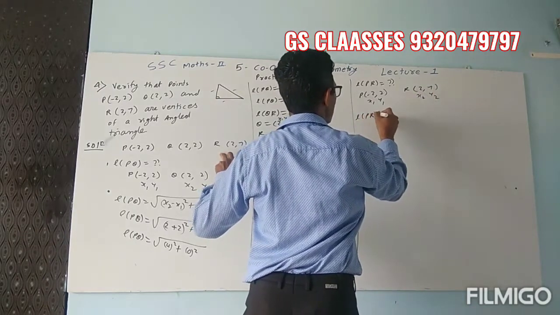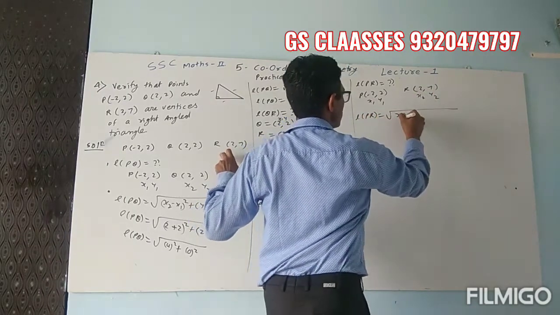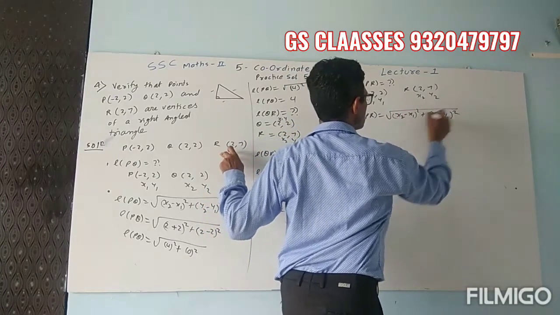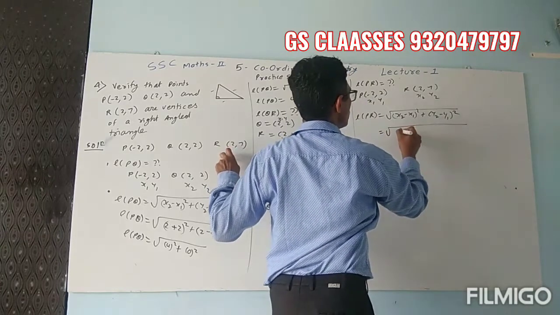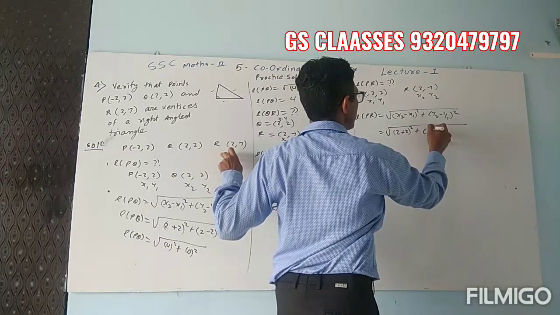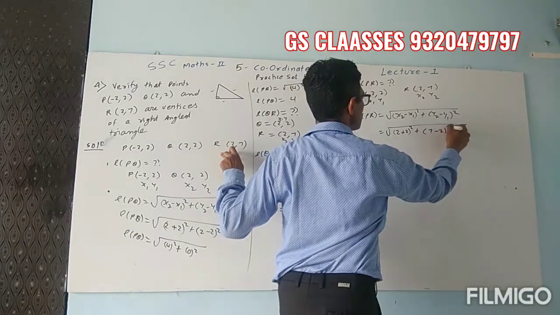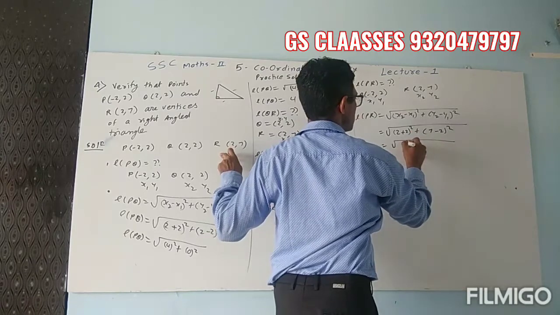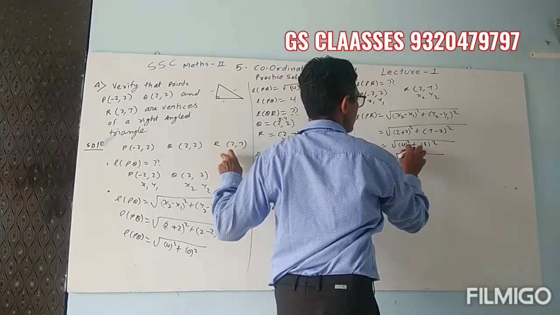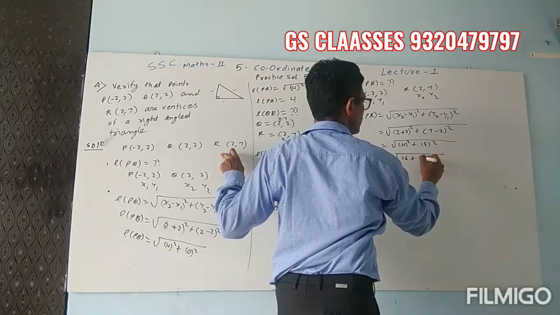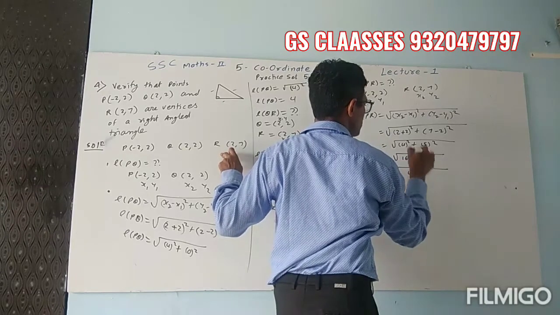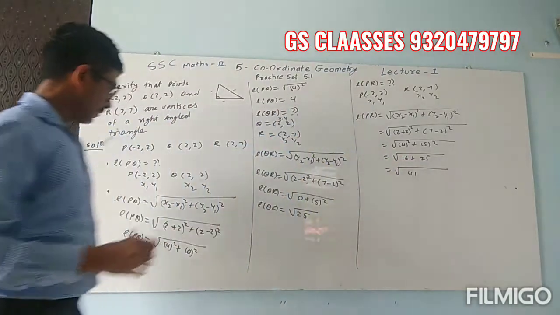So length PR is going to be x2 minus x1 the whole square plus y2 minus y1 the whole square, under root 2 minus minus 2 the whole square, then 7 minus 2 the whole square. This comes out 4 square, this comes out 5 square. Here 4 square is 16, 5 square is 25, and if you add it, it will come out as 41.